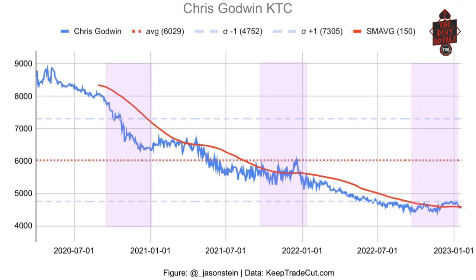I draw your attention in this chart to one data point that I wanted to talk about. In the second purple band, you can see his blue line cross through that red solid line and reach up to the red dashed line. That was a buy signal. That'd be a situation where I'd be saying, okay, it's starting to look like a time to buy Chris Godwin.